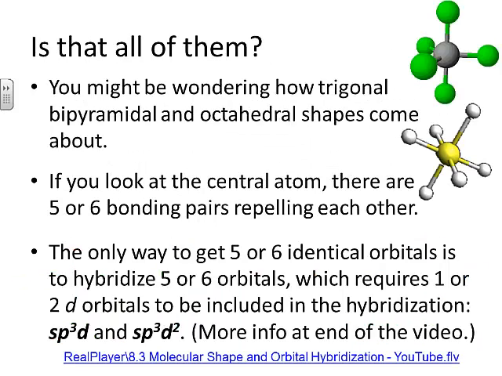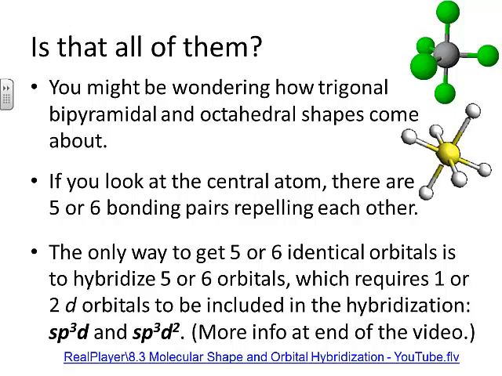Now you might be wondering how trigonal bipyramidal and octahedral shapes come about. Those were a couple of those other shapes that I mentioned as being possible shapes earlier. If you look at the central atom in each of these ball and stick models, you can see on the top one that there are 5 atoms joined to that central atom. And in the bottom picture, there are 6 bonds coming out to other atoms from that central atom. Now the only way to get 5 or 6 identical orbitals is to have 5 or 6 orbitals mixing together.